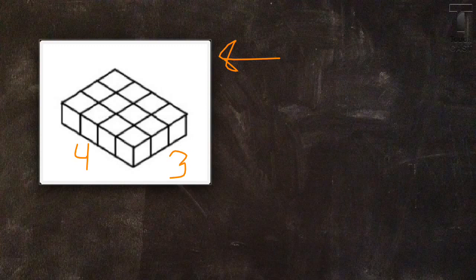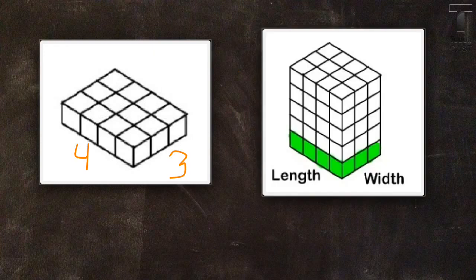But what if I wanted to take this layer and stack it? Let's say I wanted to stack it 5 times like you see in this picture. I know that in this picture we have 12 cubes because 3 times 4 is 12. Over here I still have my length of 4 and width of 3, but I have that stacked 1, 2, 3, 4, 5 times.